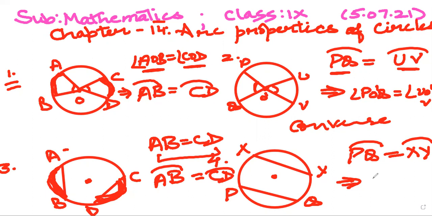So equal arcs have equal chords. You can say that chord PQ is equal to chord XY. Is it clear, children? So these are the properties which you have to learn.